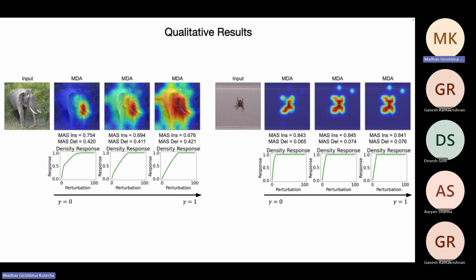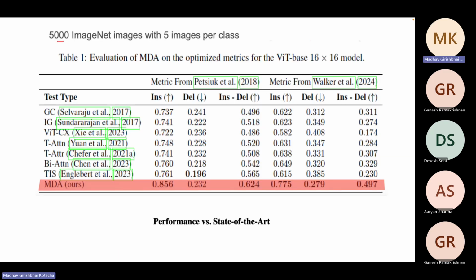If we use gamma equals 0, it shows only the important significant patches, but as we make changes to the gamma, we can get better attribution maps for images like this. And what we have seen is that on 5,000 images, compared to GradCam and other attribution methods, it outperforms all of them with a good margin in both insertion and deletion cases.